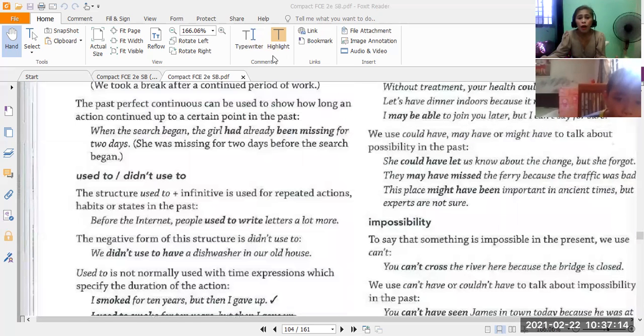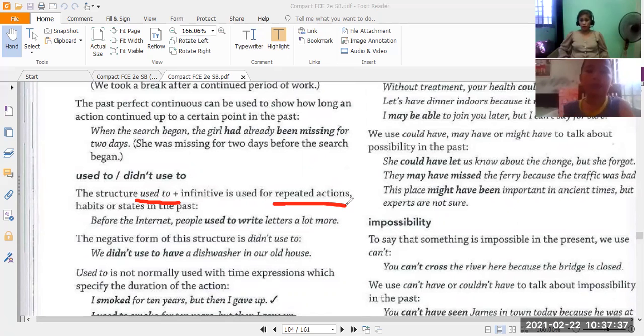This is part of the continuous tenses. When we use the structure used to, it is used for repeated action. What do you mean by repeated action?